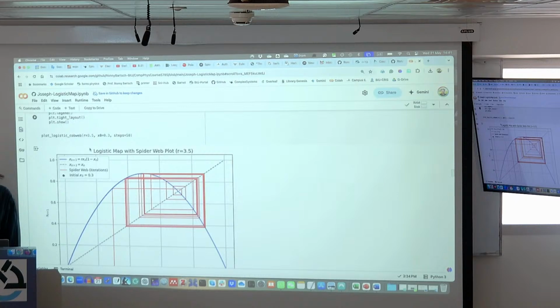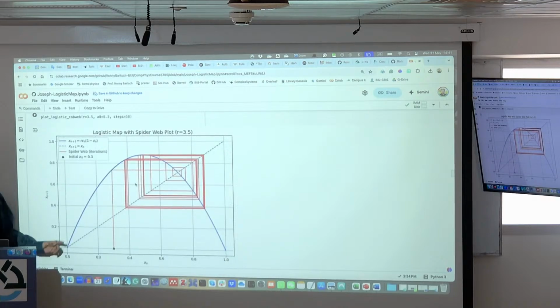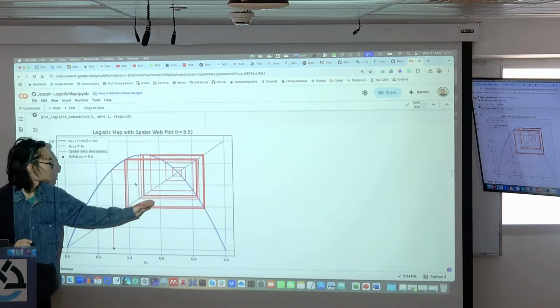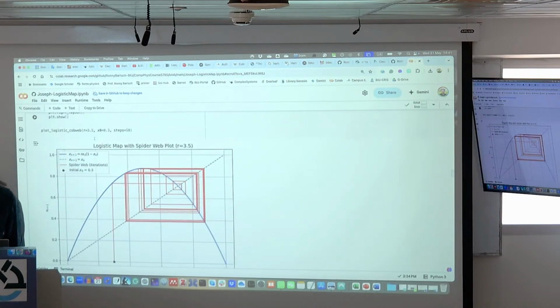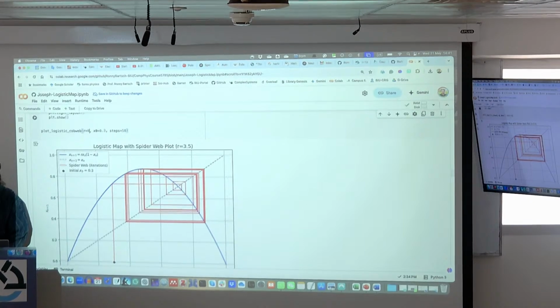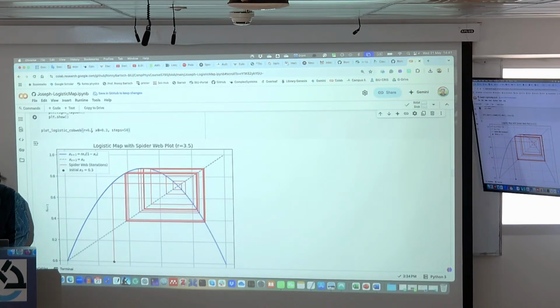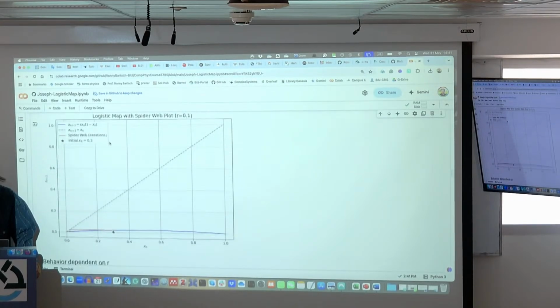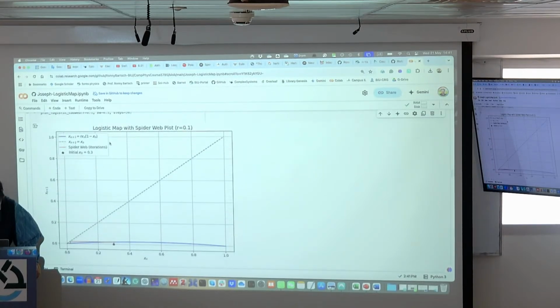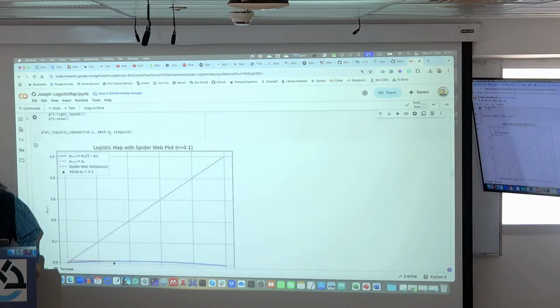This is r equals 0.5 and x from 0 to 1. You can see it goes step by step close to the stable point. If we change it to a smaller one... oh, that's cool.